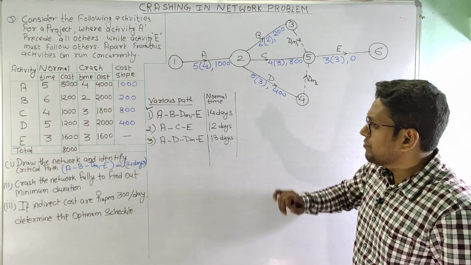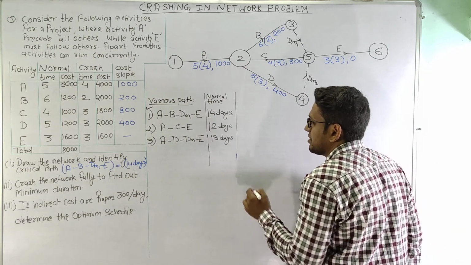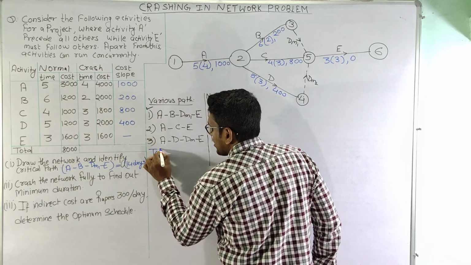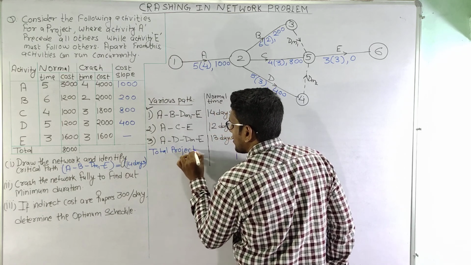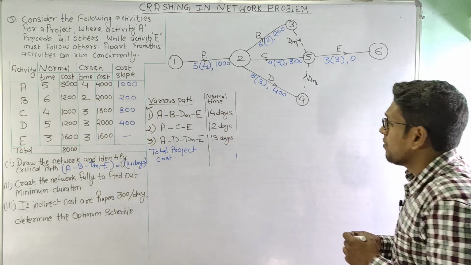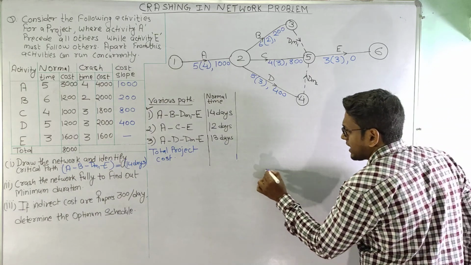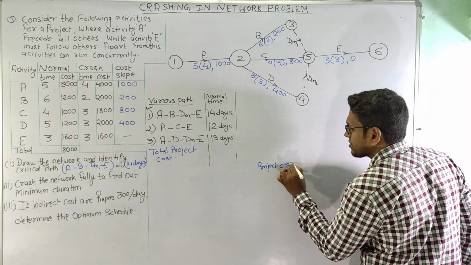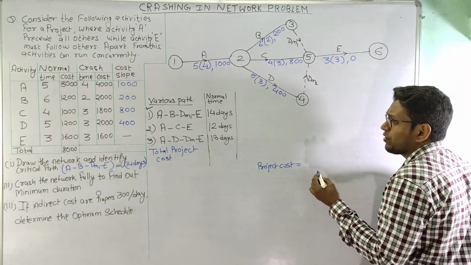Now we are solving the second part, and simultaneously we will calculate the total project cost. Now what is the total project cost here? So we know that project cost is equal to the direct cost plus the indirect cost.